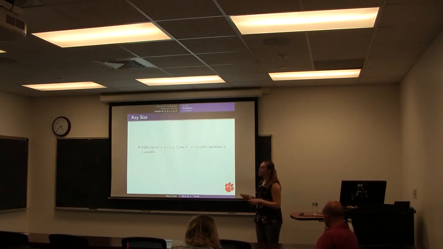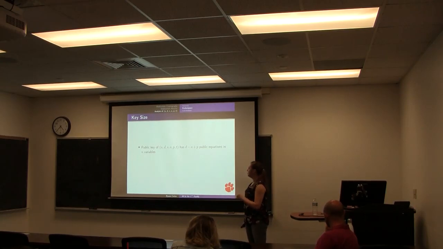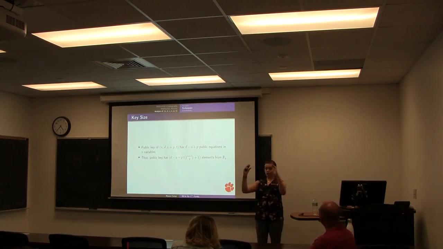But there's still some other things that we want to pay attention to. Not only do we want it to be secure, but we want to make sure that it's actually usable. One thing that we want to look at is key size. We know that we have D minus A plus P public equations, and then we have n variables. Remember, each of those public key equations is going to be a quadratic function.